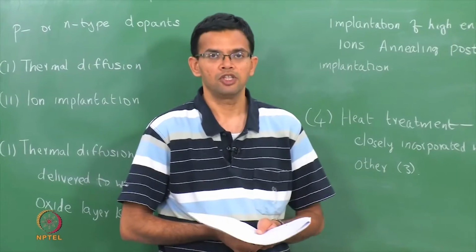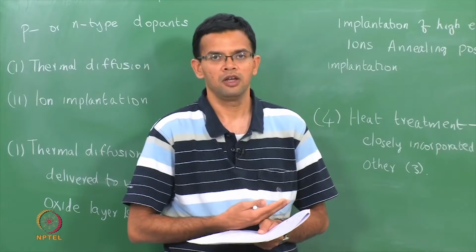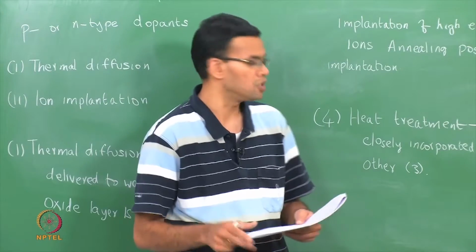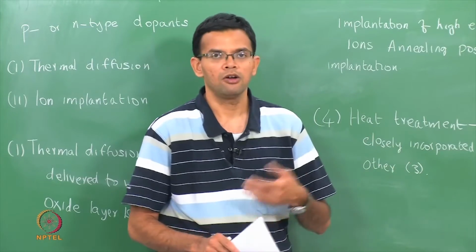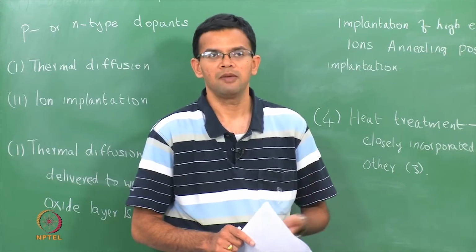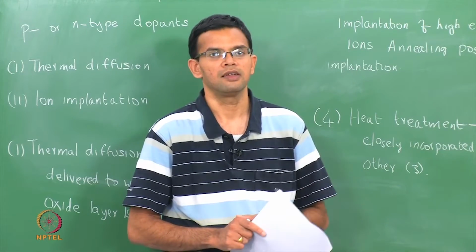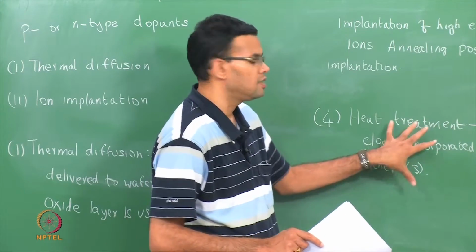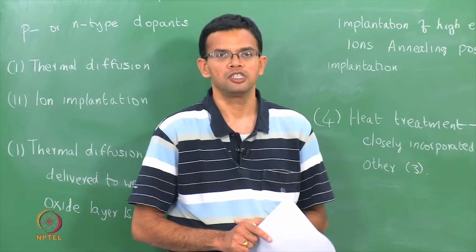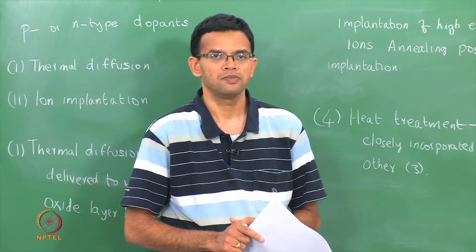Similarly, in the case of lithography, when you first put the photoresist layer onto the wafer, you do a soft bake, which is a soft annealing step in order to remove the solvent, and then after exposure and development you do a hard bake in order to harden the photoresist layer. So, in each of these cases, these are all heat treatment operations which are fully incorporated with the other three.